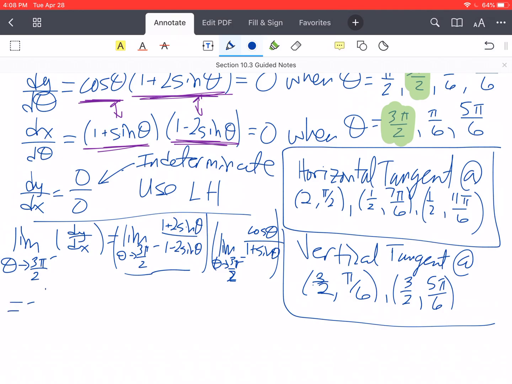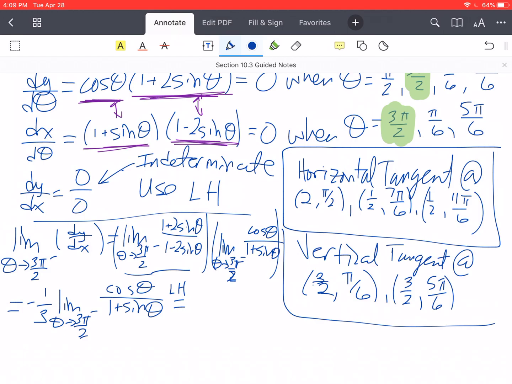So this becomes -1/3 times the limit as theta approaches 3 pi over 2, and that's why we split it up. In case you were wondering, why would we do that? Because not the whole thing was indeterminate. It was just part of it. Okay, so now we can work with this one and perform L'Hospital's rule on it.